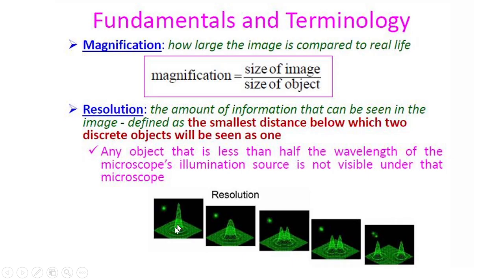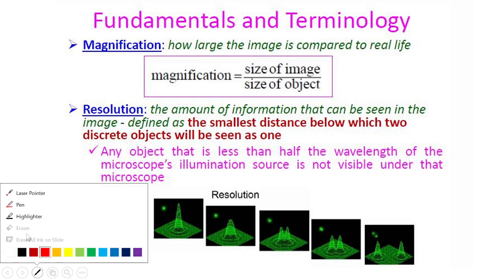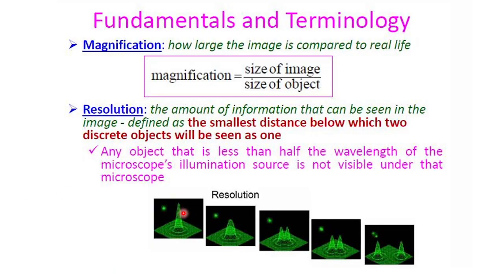For example, if you see this image, it is showing like a single hump. But if we magnify it, if it has very high resolution, we have some mechanical instrument so that we can resolve this, and we'll see this is not a single object. Basically, it consists of two different objects.